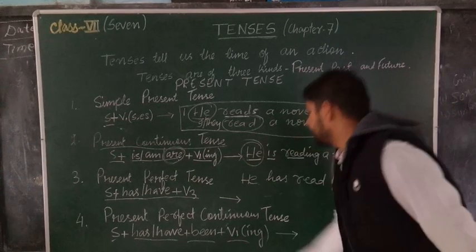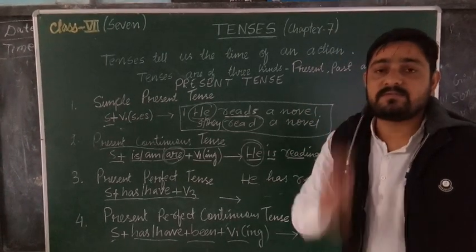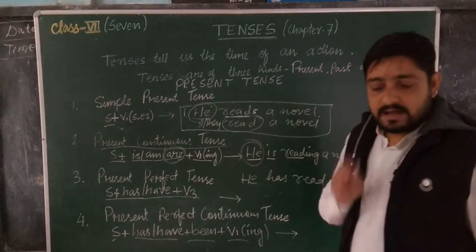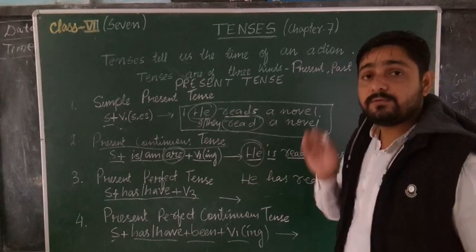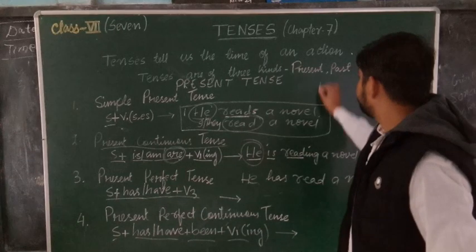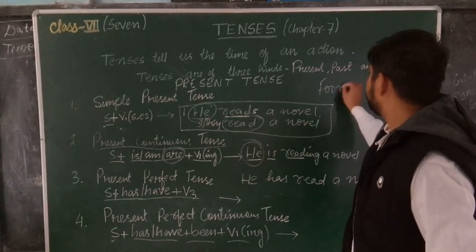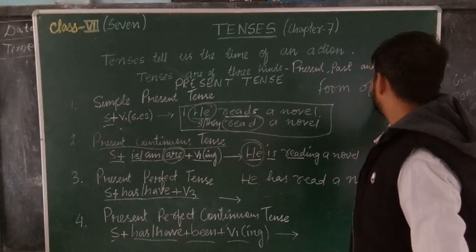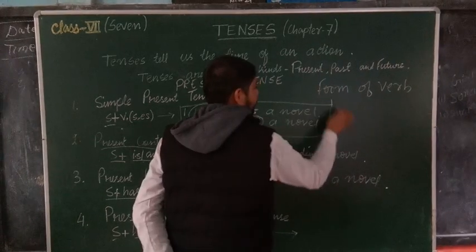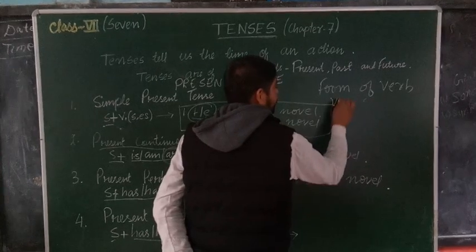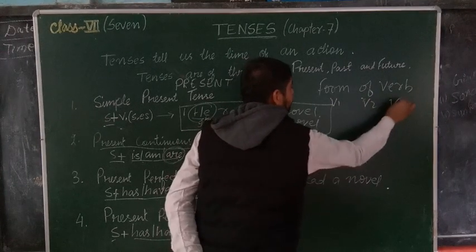Then V1. V1 means the first form of the verb. I'm sure that you know these forms of verbs already. First form of the verb, second form of the verb, V1, V2, V3.